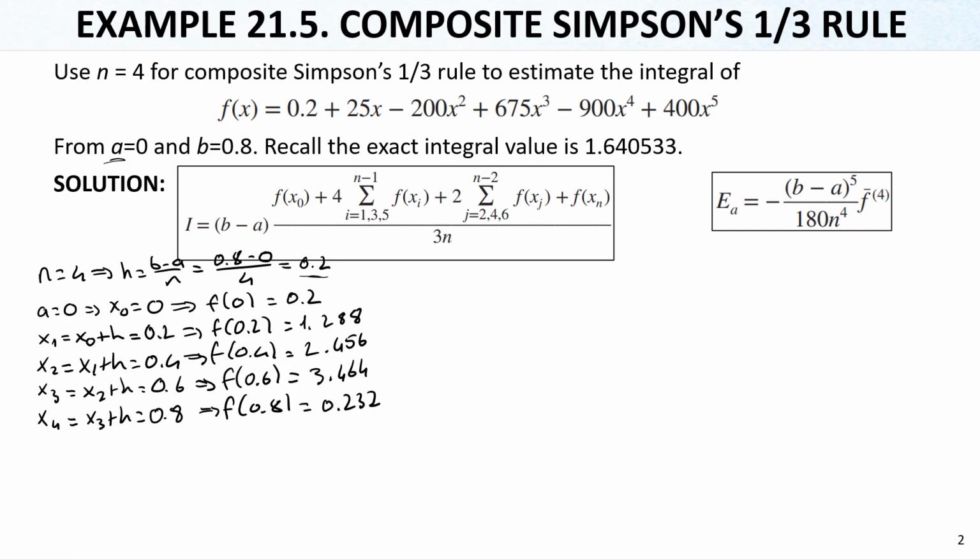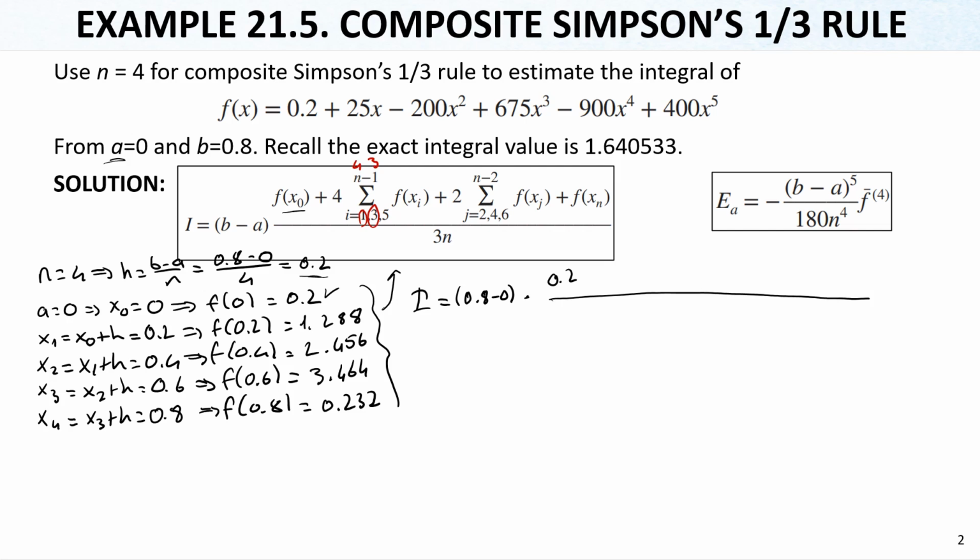So let's use all of these in this equation here. Then I is equivalent to b minus a, 0.8 minus 0, times, let's sum them all. f(x0) is this 0.2 here, and 4 times the odd values, so n is 4 here, which means up to 3. So we have 1 and 3 actually.